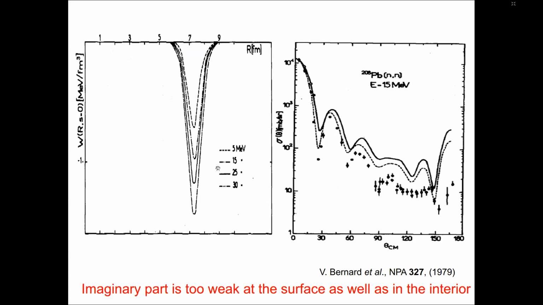For example, for the year before, on the left panel, you can see the imaginary part of the optical potential, and you can see a peak in the surface around 7.2 fm. When you increase the incident energy from 5 to 30 MeV, of course the absorption increases, but you can see that inside the nucleus, when the radius is lower than 6 fm, there is no absorption.